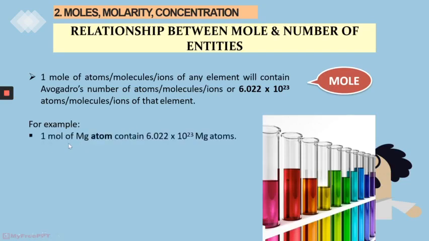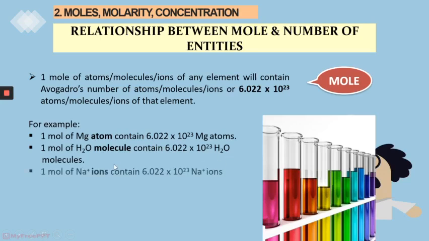Look at the example. 1 mole of magnesium atom contains 6.022 times 10 power of 23 magnesium atoms. If it is molecule, 1 mole of H2O molecule contains 6.022 times 10 power of 23 H2O molecule. And when it is ion, 1 mole of sodium plus ion contains 6.022 times 10 power of 23 sodium ion.